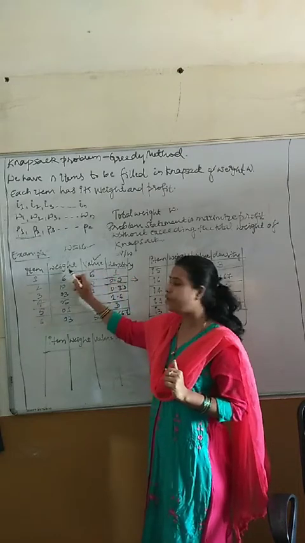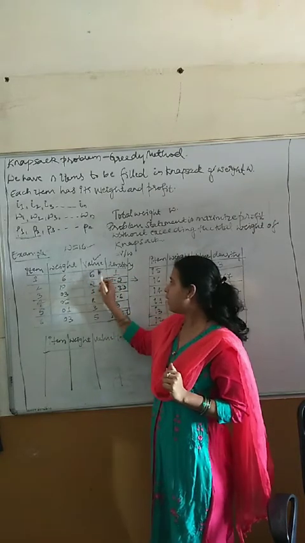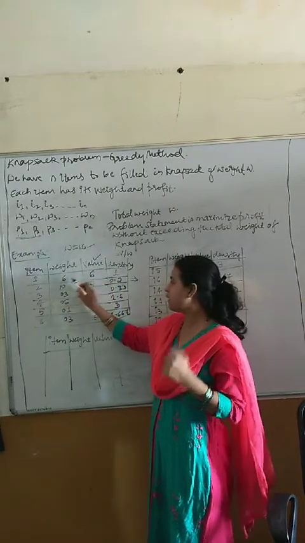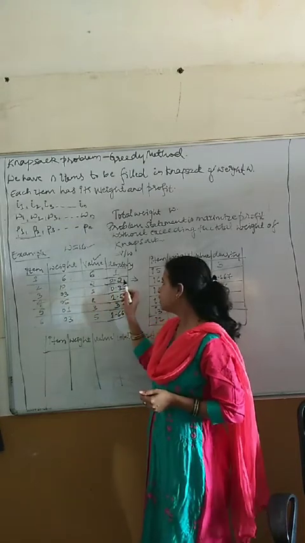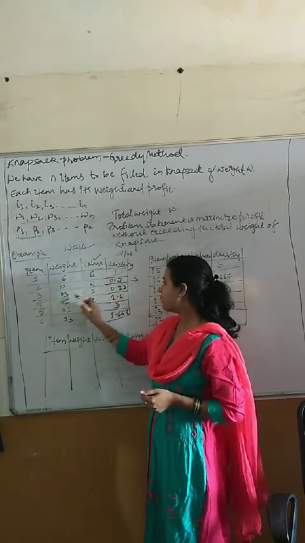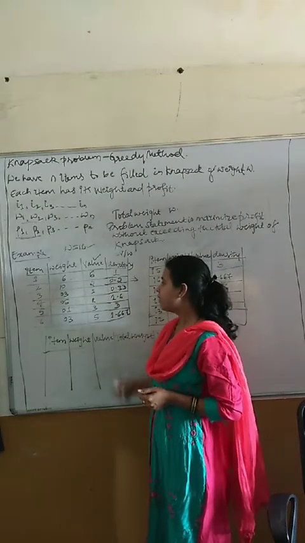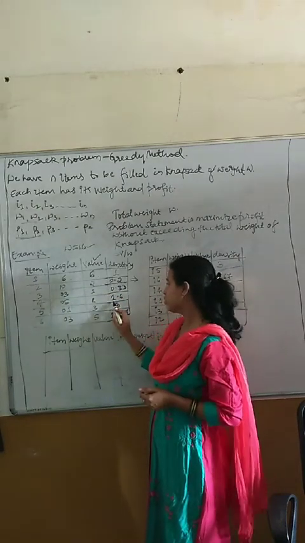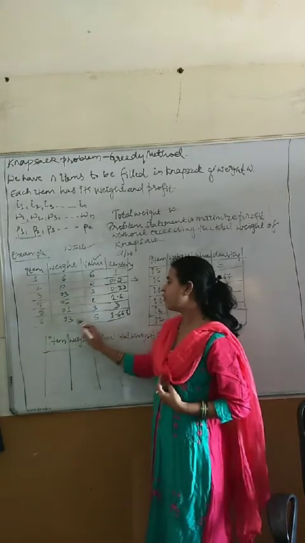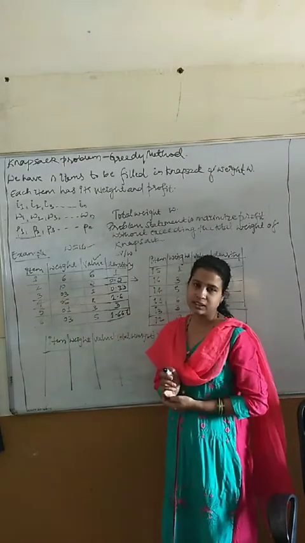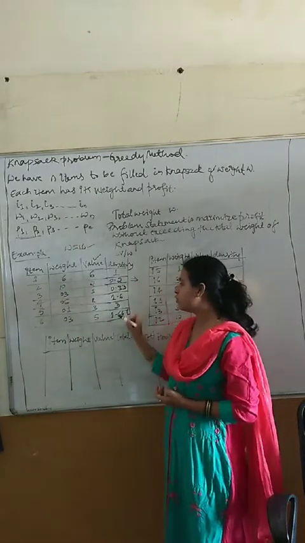It is value divided by weight. So what is the value here? It is 6 divided by 6, that is 1; 2 divided by 10, that is 0.2; 1 divided by 3 is 0.33; 8 divided by 5 is 1.6; 3 divided by 1 is 3; 5 divided by 3 is 1.667. So these are the values which you have calculated.